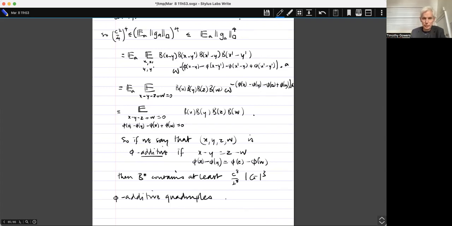Another way of saying that is that the graph of the function phi contains at least this number of additive quadruples.